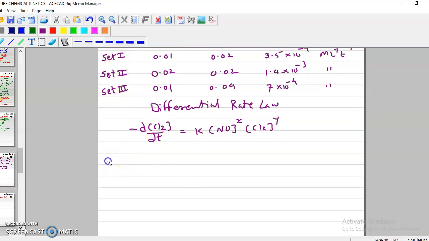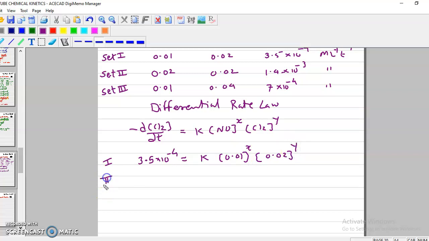Now we'll put in the values for set 1. The rate, 3.5 into 10 raised to minus 4, is equal to k, moles of NO 0.01 raised to X, moles of chlorine 0.02 raised to Y.